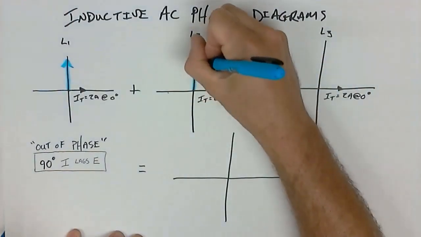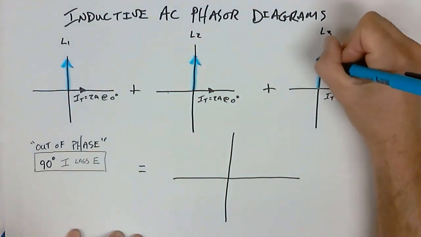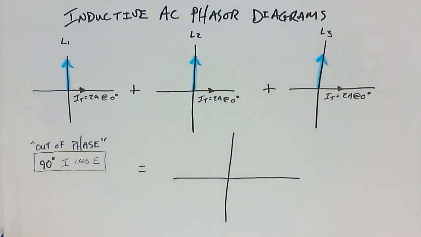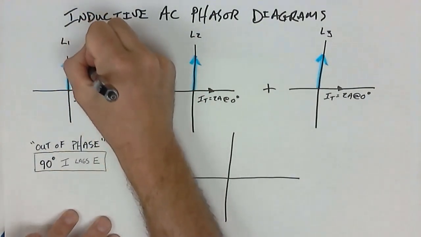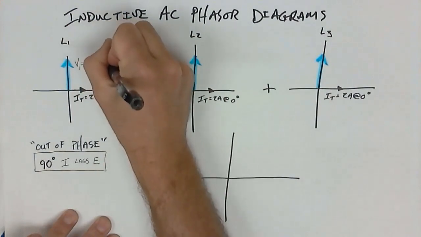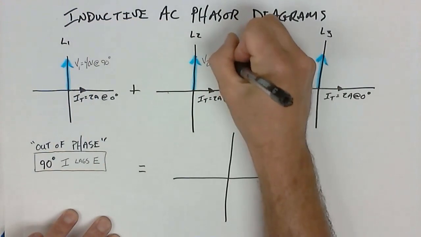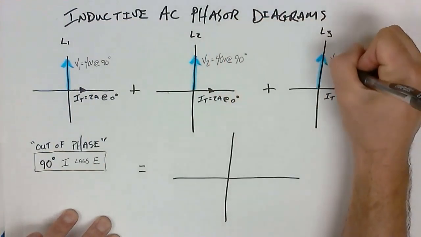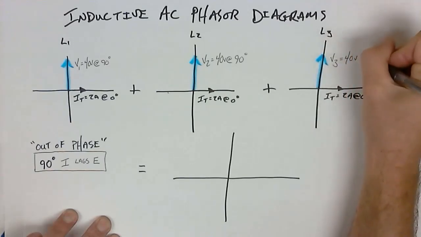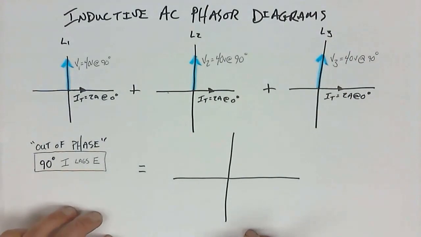Now remember, they're all the same voltage. They're all 40 volts. So we've got V1, 40 volts at 90 degrees. V2, 40 volts at 90 degrees. And V3, 40 volts at 90 degrees.